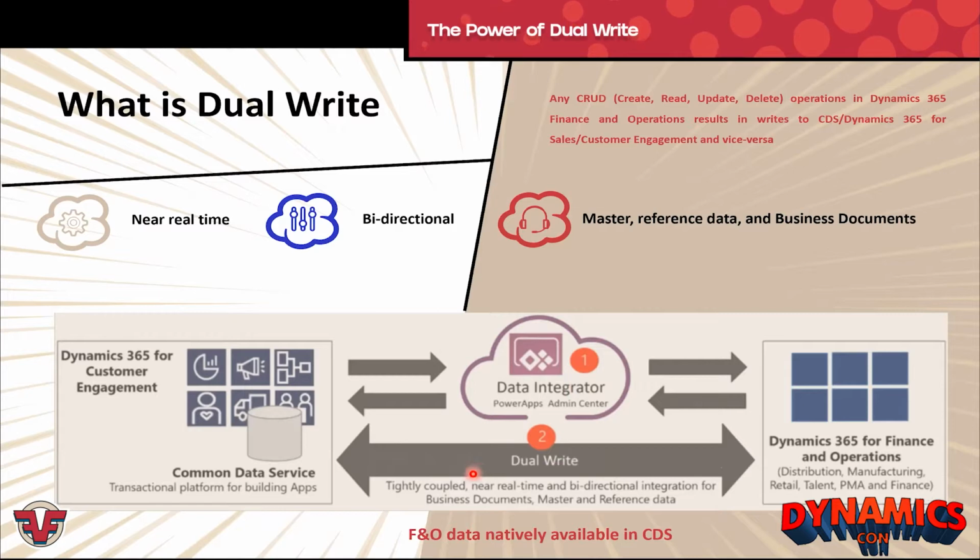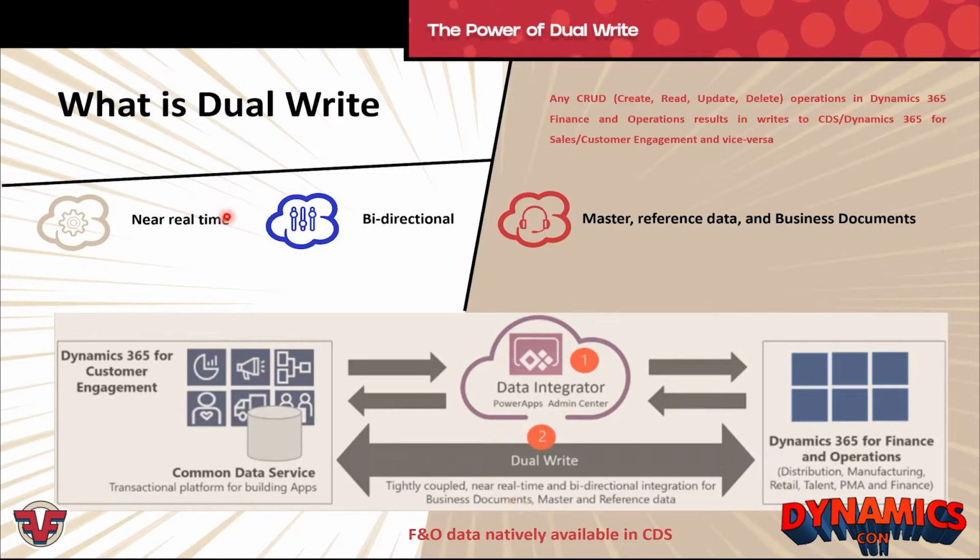This is why it's called tightly coupled. All the data, whatever you create, read, update, and delete in any of the applications, syncs across to the other application. For example, if you create a customer in F&O, then it will automatically move to CE as an account of type customer.